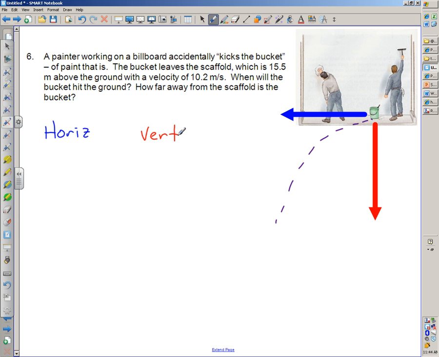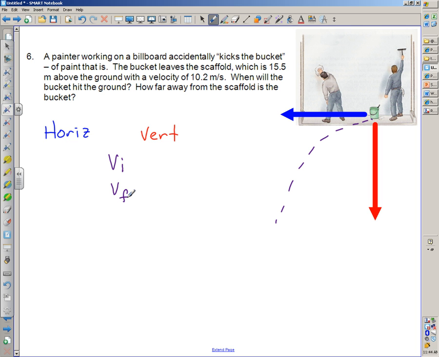Now, if we're analyzing motion, there are several things that we want to know about this object. What are some things that we want to know if we're going to analyze the motion of this object? Specifically, its initial velocity, but also its final velocity. Notice I'm writing these in a column in between the horizontal and the vertical columns.